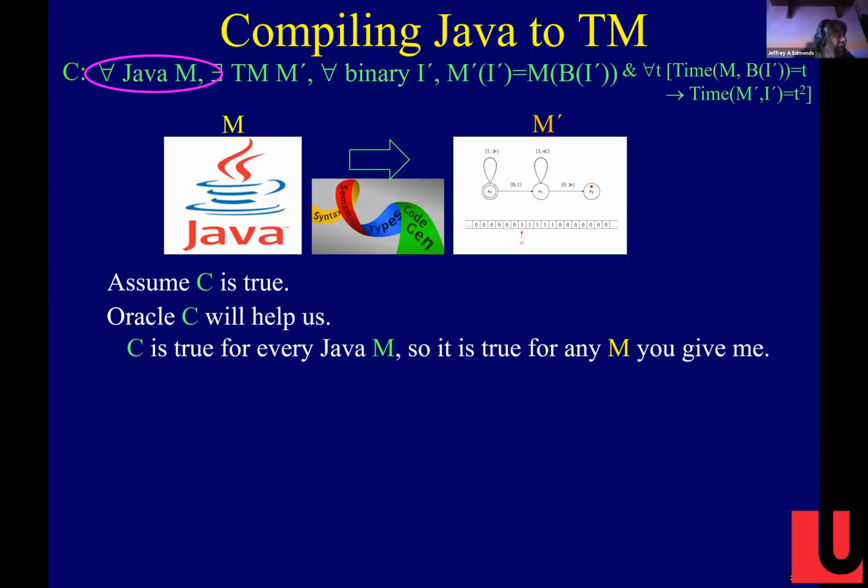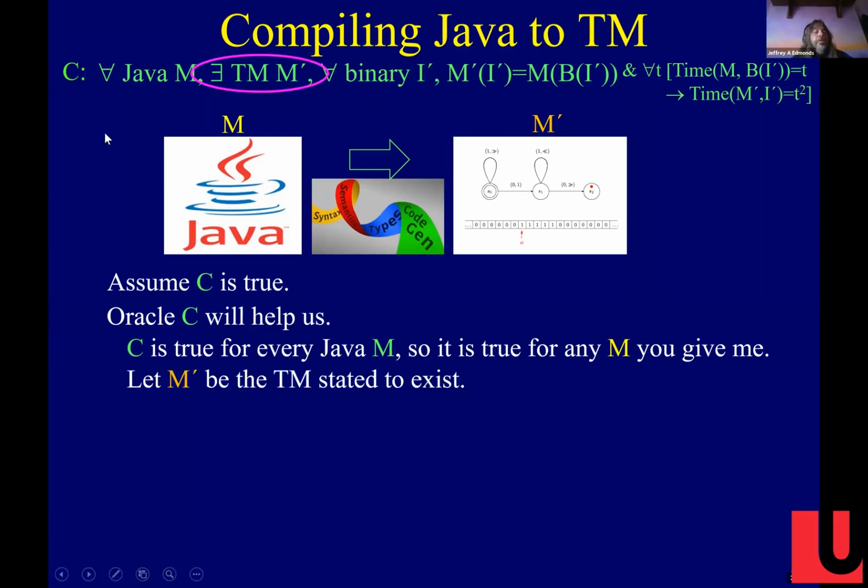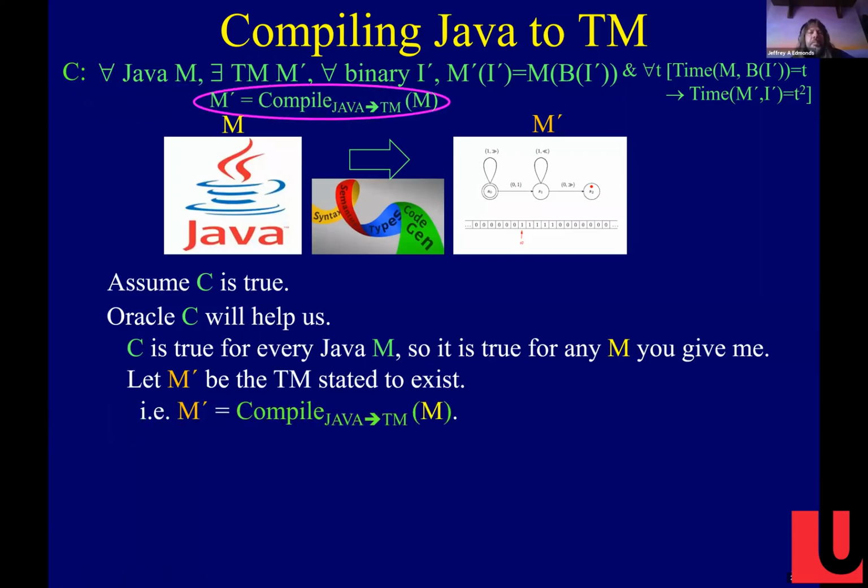If I have a Java program, I give it to the Oracle. And what will the Oracle do? The Oracle will feed it through this compiler and give me a Turing machine, right? The Turing machine that's stated to exist. Here C says there exists the Turing machine. She gives us this Turing machine, right? And as I said, we get it by running it through some compiler.